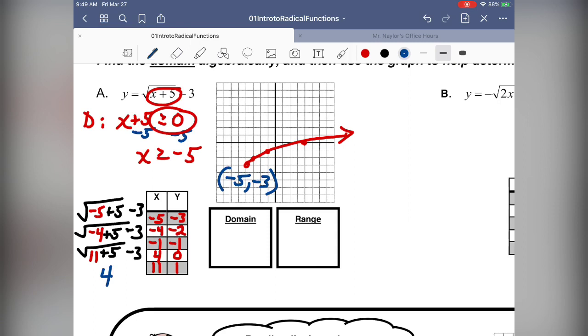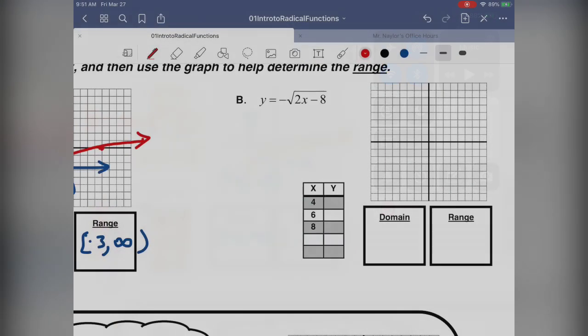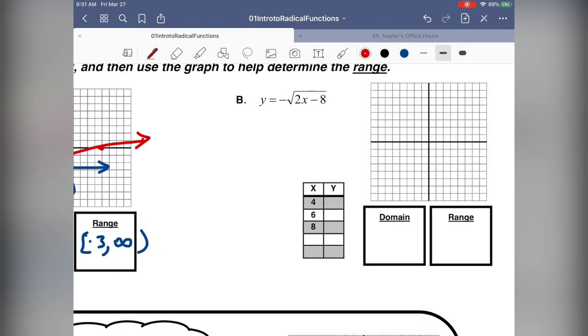In this case, our domain, which definitely goes greater than -5, but notice that it started at -5. And our range that definitely goes greater, this time greater than the y value, which is -3, to infinity.